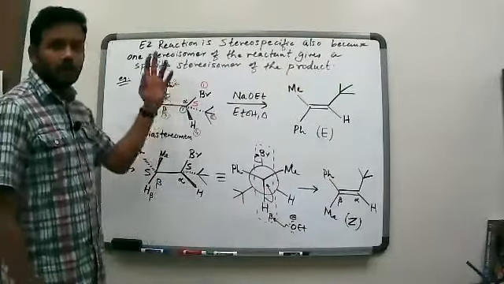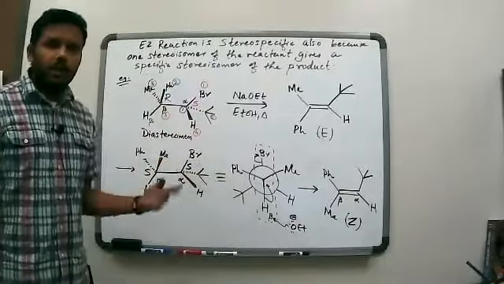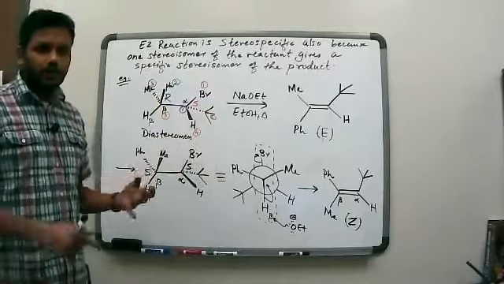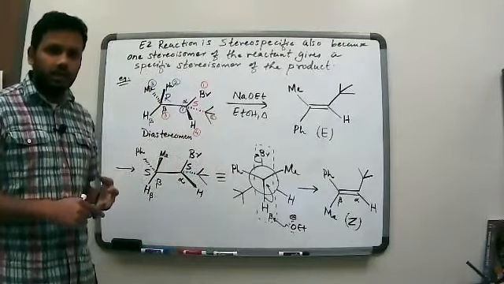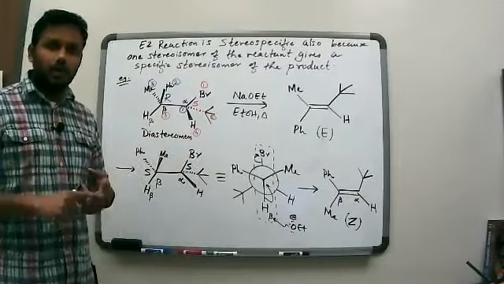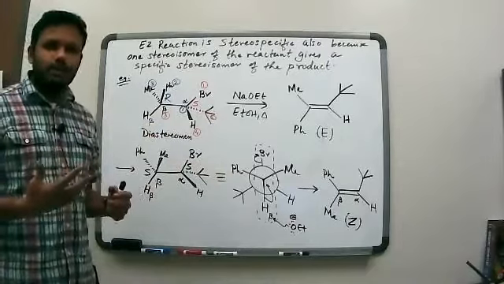So we say E2 reactions are stereospecific also. So E2 is stereoselective, and it is stereospecific, and it is regioselective. So there are several attributes to an E2 reaction.